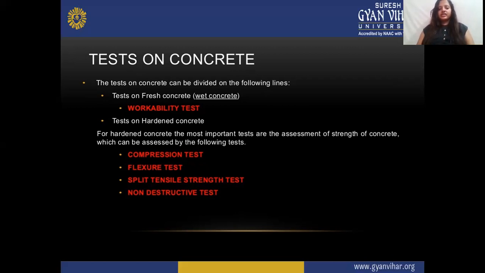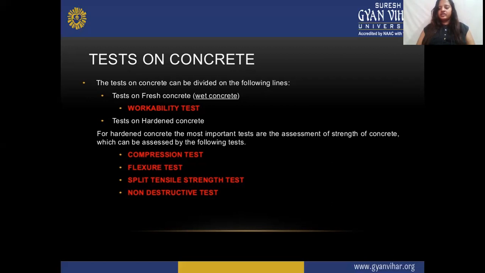For split tensile strength, similarly, the specimen is fixed in the split tensile testing machine, and the tensile force is exerted, and the splitting strength of the concrete is noted.